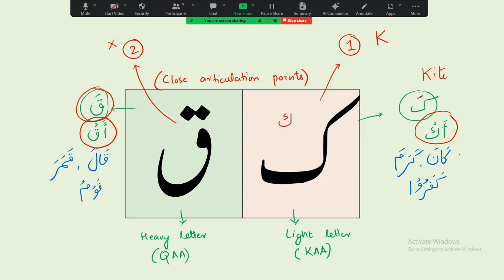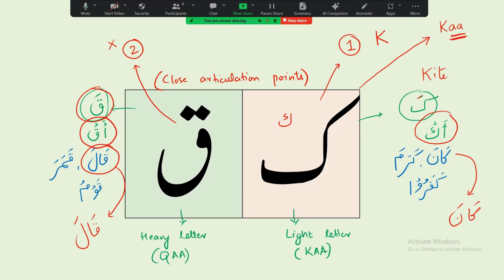Okay, let's take another example, this word, kana, kana. Let's take an example for the second alphabet now, which is qala, qa. I would like to mention that in light alphabets, you will hear this sound at the end: ka, ka.